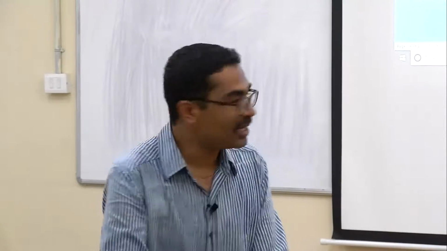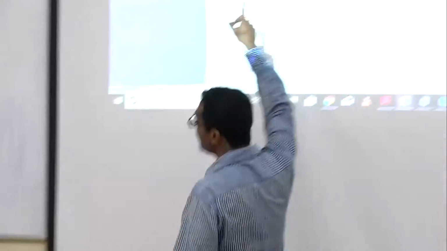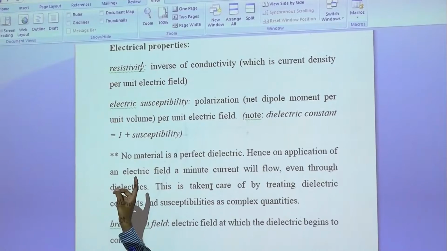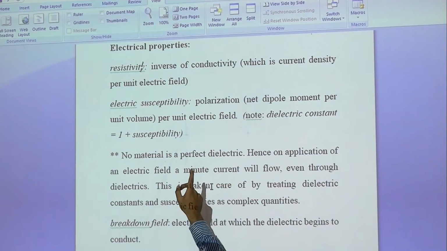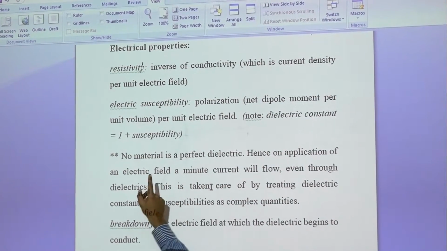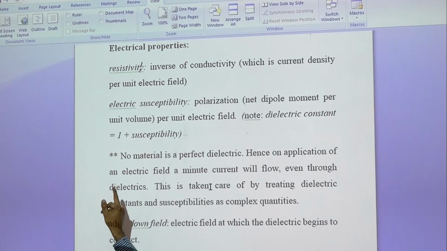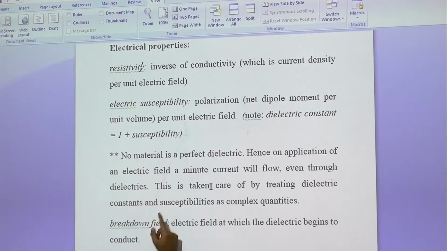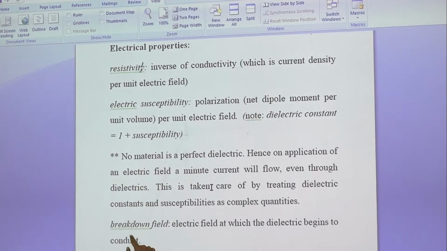Okay. So, three questions. One is resistivity. What will be the values of resistivity associated with conductors, insulators, semiconductors? Second question, electrical susceptibility. Connect it with Gauss's theorem as you have studied it. At the very least, look at the correlation between flux density and electric field. Third question, breakdown field.